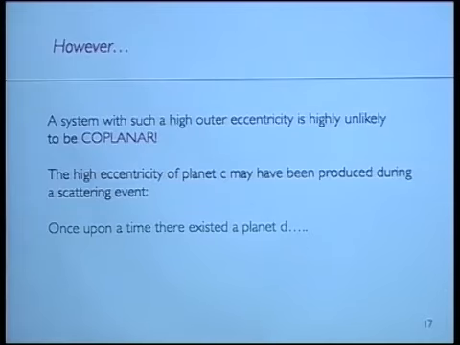A system with such a high outer eccentricity, I think, is almost certainly not coplanar. And that fixed point theory is for coplanar systems, as I said.